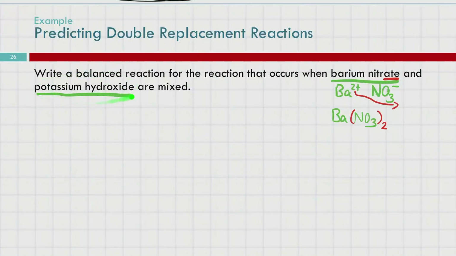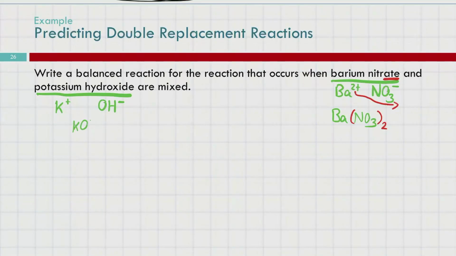And then our other reactant, potassium hydroxide, potassium is K. It's going to form a 1 positive charge. It's an alkali metal. Hydroxide is a polyatomic ion made up of hydrogen and oxygen. So that's going to form OH minus. And these will combine in a 1-to-1 ratio. The positive and the negative charges combine.